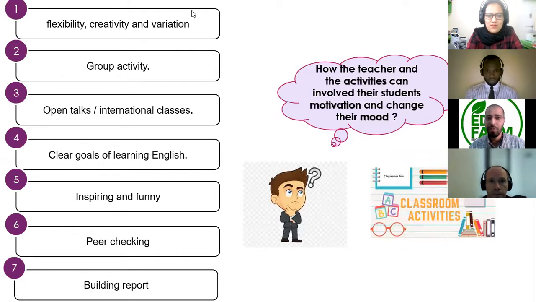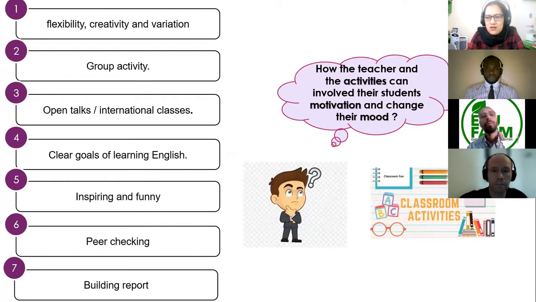For example, when you plan a task and you don't get any feedback from them, maybe they don't understand the game or the activity, or maybe they find it not relevant to them. So when you want to teach something, you have to teach it in different ways. That helps you to be flexible.